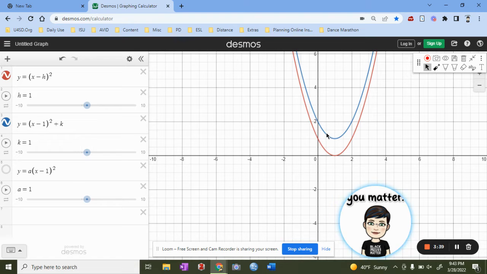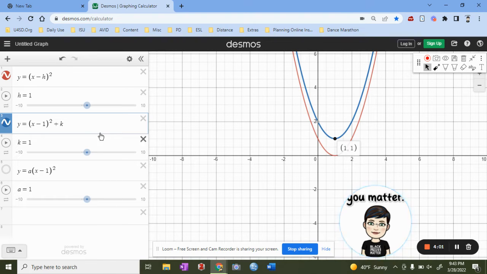And the blue one is when I have that same quantity of x minus 1 squared plus 1. What happens? Well, this blue graph shifted up. And now this point is at 1, 1.